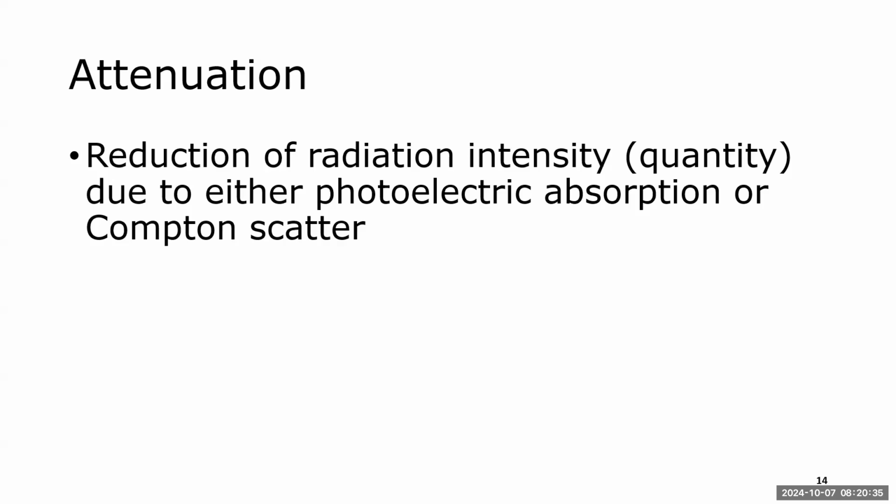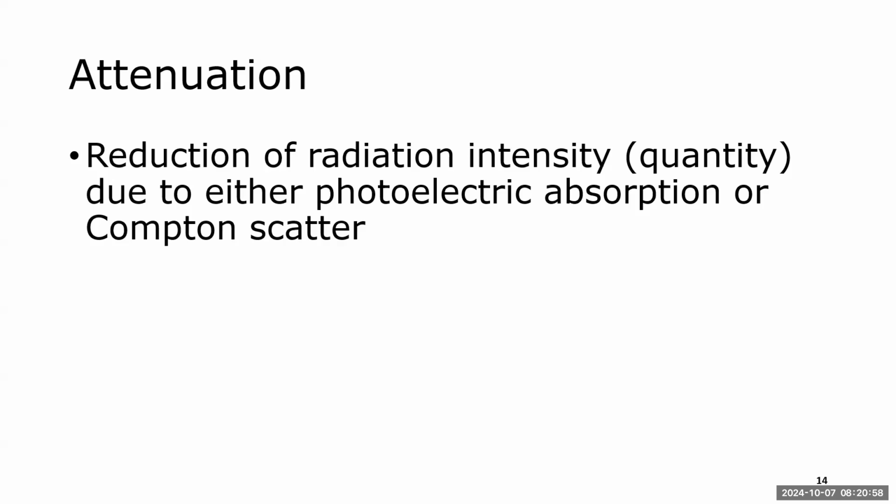When the amount or the quantity of radiation decreases, that is the definition of attenuation. So attenuation is loss of intensity due to either Compton scatter or photoelectric absorption. That's what attenuation is. It means you have less than what you started with.